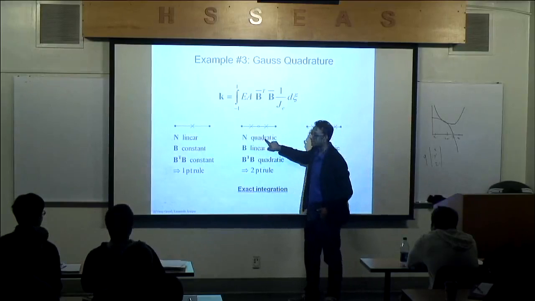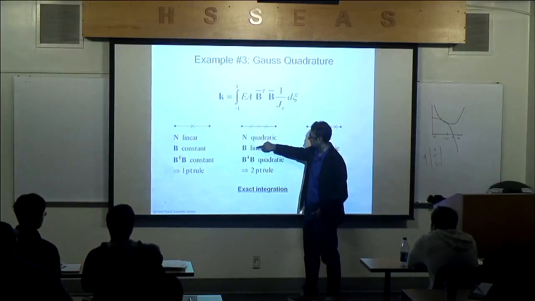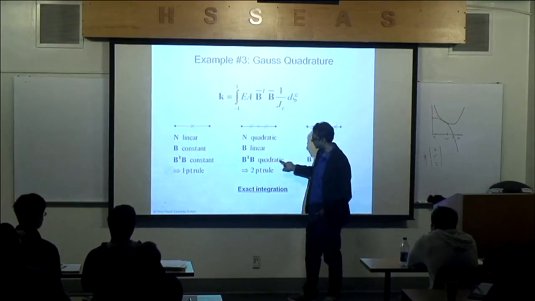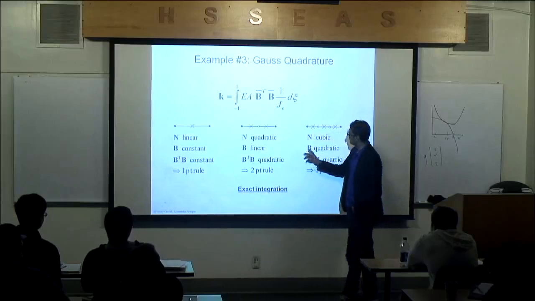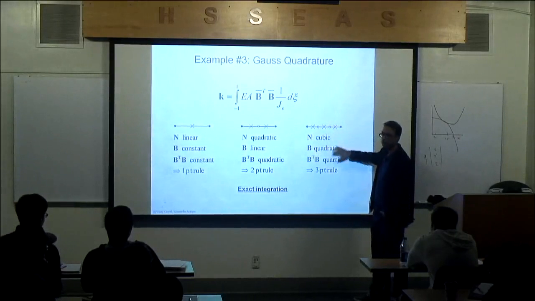If N is quadratic, the shape function is quadratic, so I have a quadratic element. B, since I'm taking a derivative of a quadratic, I get linear. So linear times linear gives you a quadratic function. So usually a 2-point rule gives you an exact integral for that. If I have a cubic for N, then a 3-point rule is better.